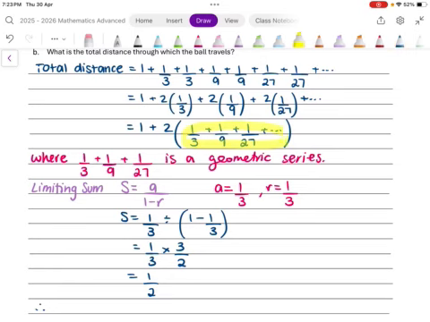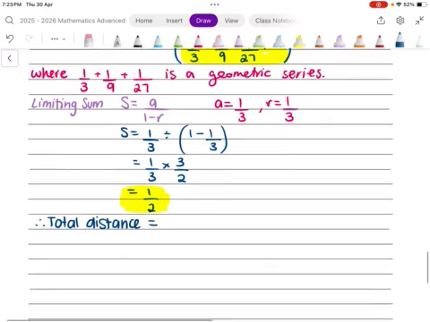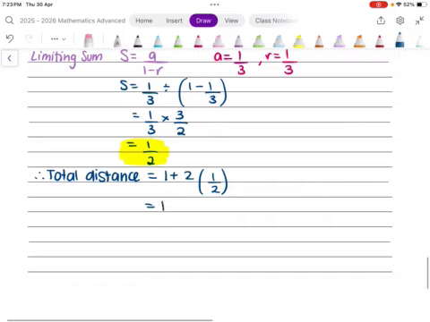Our geometric series is going to be replaced by 1/2. So that means that our total distance is going to equal 1 plus 2 lots of 1/2, which is equal to 1 plus 1, which equals 2 meters.